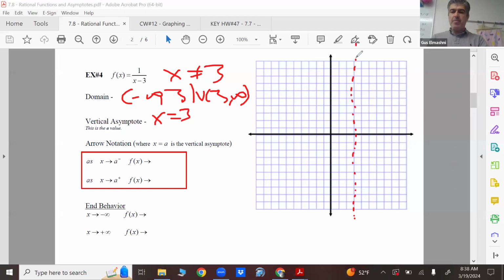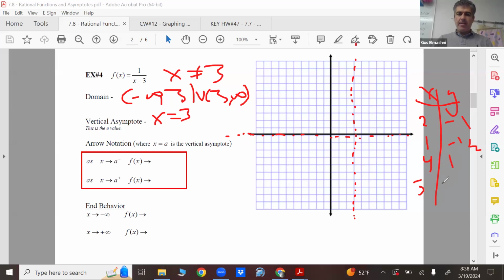So making a table is sometimes good. I can do a sign chart, but I'll just do a table instead. You need those stop gaps in place. So yeah, let's plug in 2 and 1 and 4 and 5. If I plug in 2, I should get -1. Plug in 1, I get -0.5. Plug in 4, I get 1. Plug in 5, I get half.